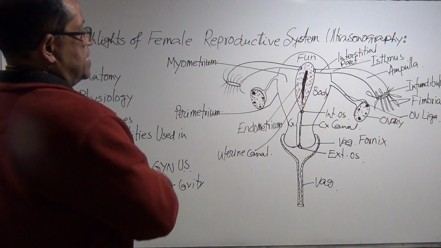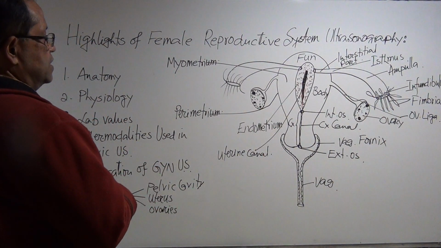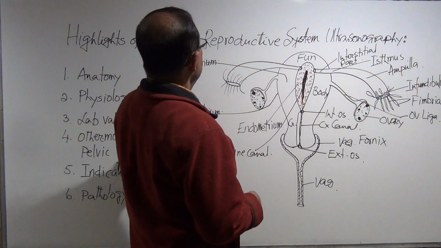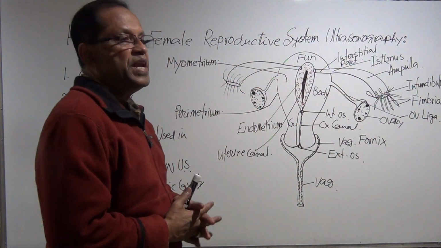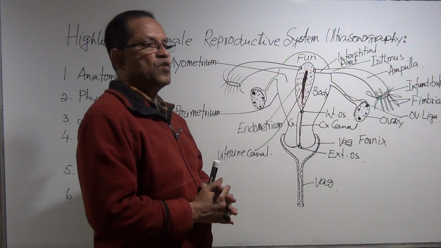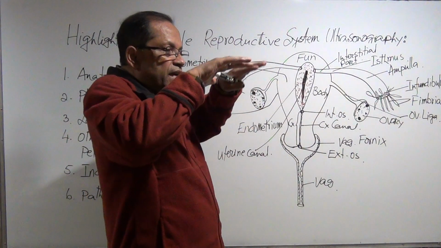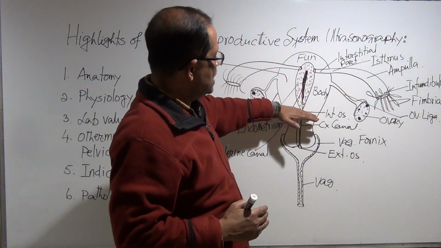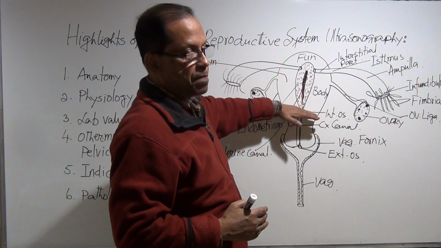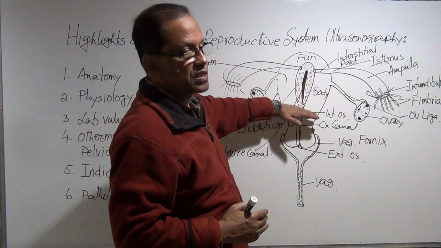Now, two things I didn't show you yet. One is the broad ligament, which is the peritoneal reflection from the parietal turning into visceral that covers the uterus up to the internal os or up to the isthmus.